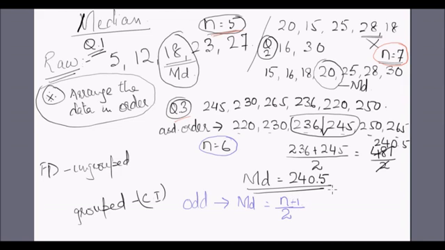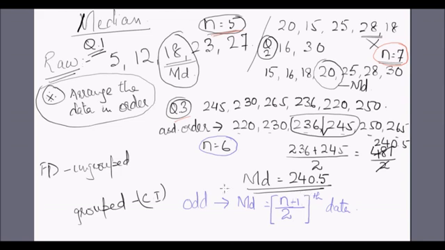So the median for odd data would be the n plus 1 divided by 2 data. The data falling in this position, n plus 1 by 2.